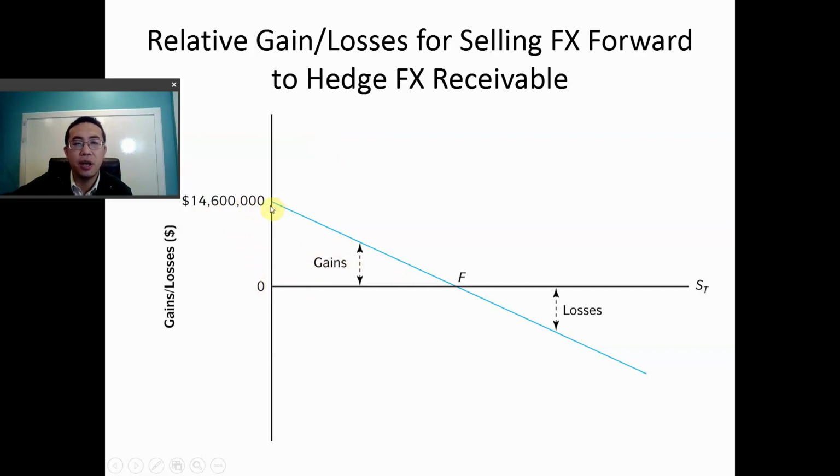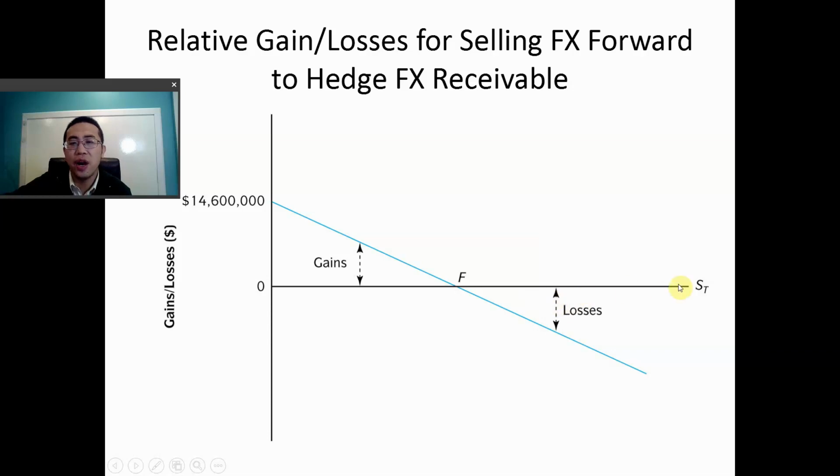So you are essentially better off by that amount. And if the spot rate gets higher and higher, then if you don't hedge, you will receive more and more US dollars for the same 10 million pounds. Then the gap between your forward receivable, which is 14.6 million, and the US dollars you actually receive from the spot market is getting smaller and smaller.